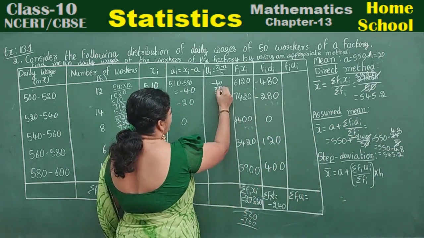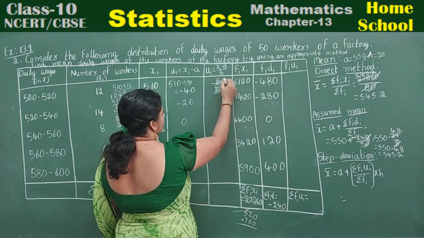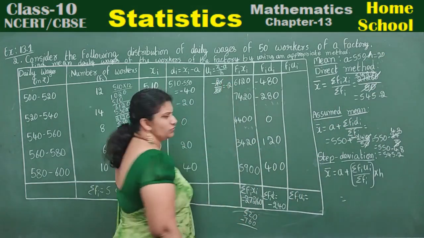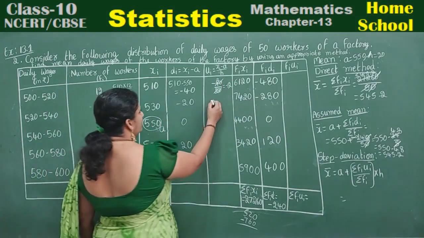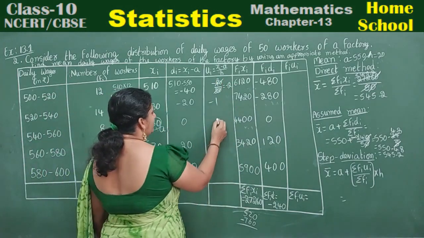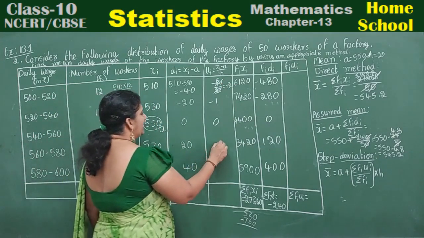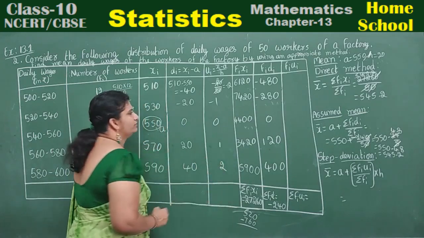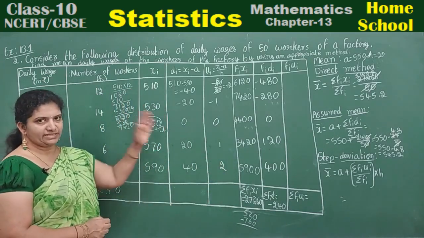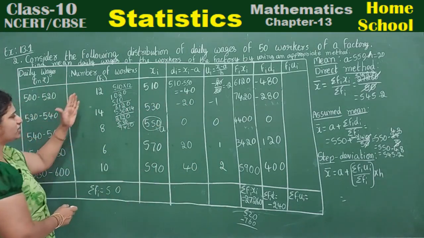Minus 40 by 20. It will be 0, 0 cancel. 2 2s are 4. Minus 2. Next one. Minus 20 by 20. Minus 1. 0 by 20, 0. 20 by 20, 1. 40 by 20, 2. Next step. Fi, Ui you need to multiply. Where is your Fi?